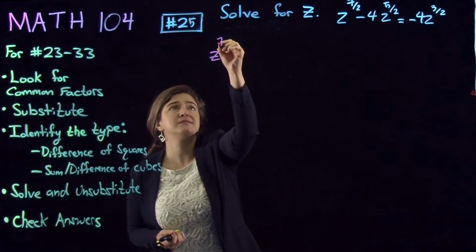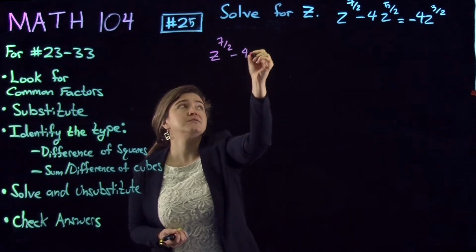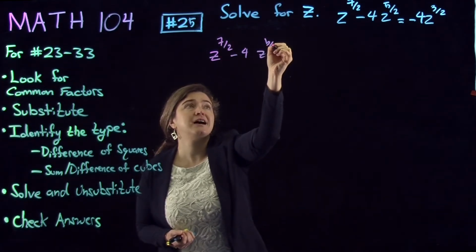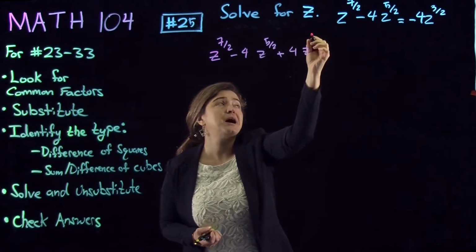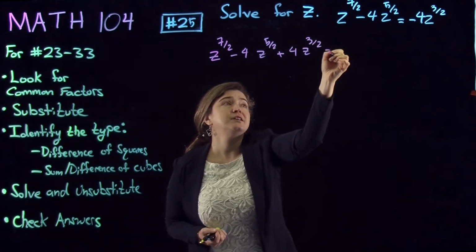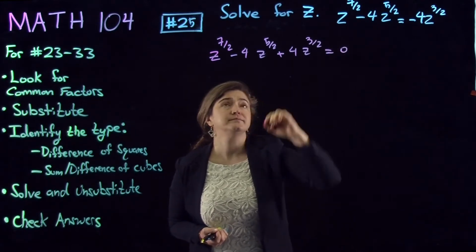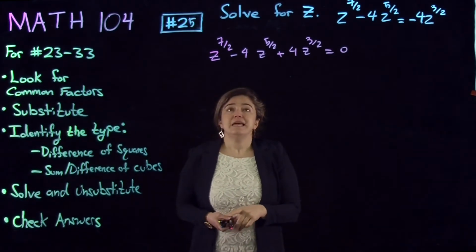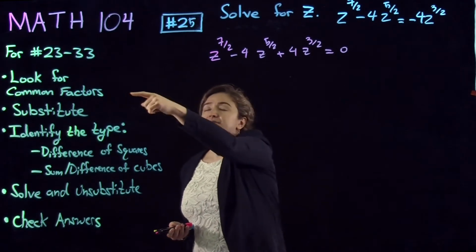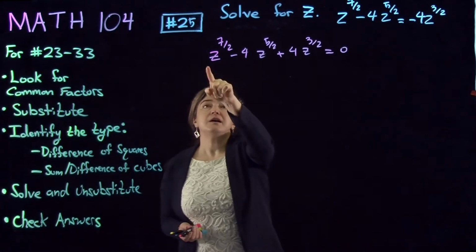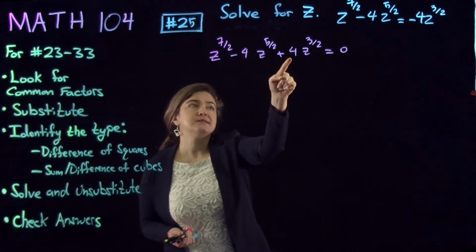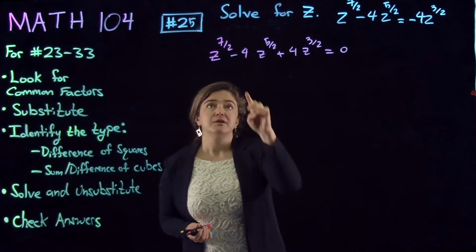So z to power 7 half minus 4z to power 5 half plus 4z to power 3 half equal to 0. Then we're looking for common factors. Is there a common factor in here? Between the coefficients, I don't see any common factor.